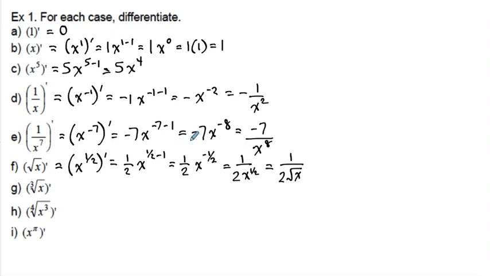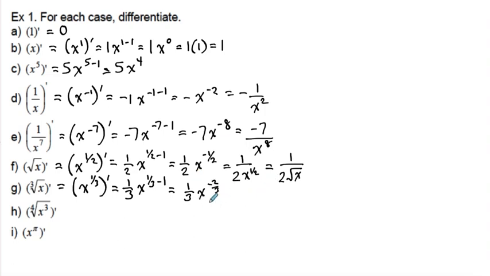And I can follow very similar steps for each of these radical exponents. So instead of the cubed root of x, I could write this as x to the 1/3, and then follow the same steps as I did before. So 1/3, because that's my exponent, multiplying out front, x, and then 1/3 minus 1 as my new exponent. This becomes 1/3 x, and this will become negative 2/3.